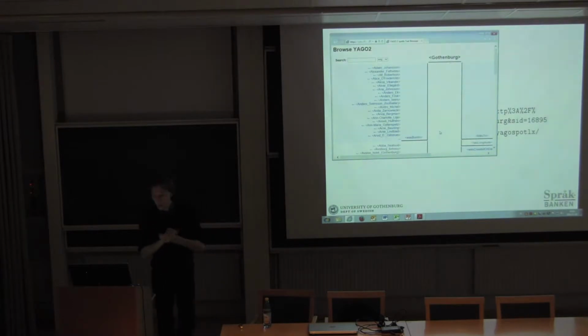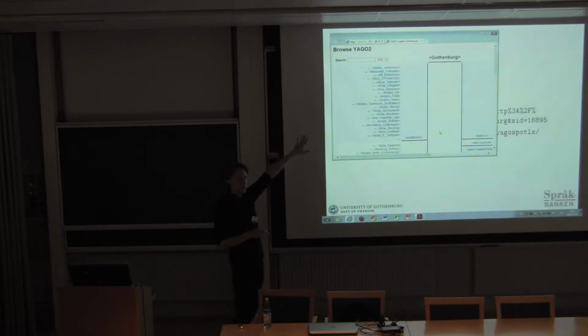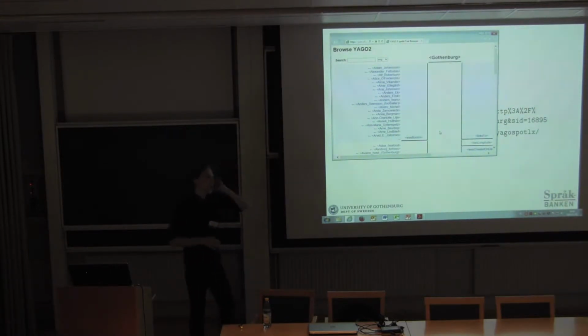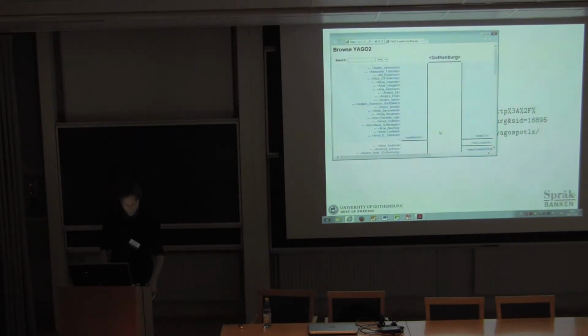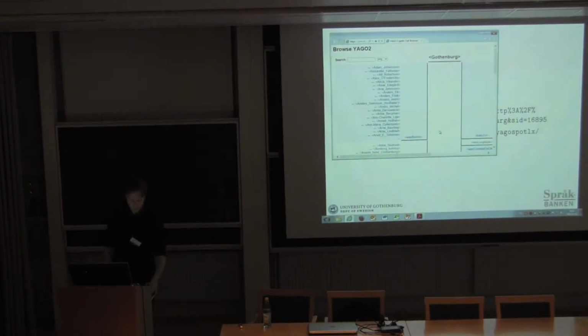For instance, we can say that the person Adam Johansson, who is also an entry in this ontology, has a link to the entity Gothenburg because Adam Johansson was born in Gothenburg. So this is then a kind of definition of the meaning of the word Gothenburg.